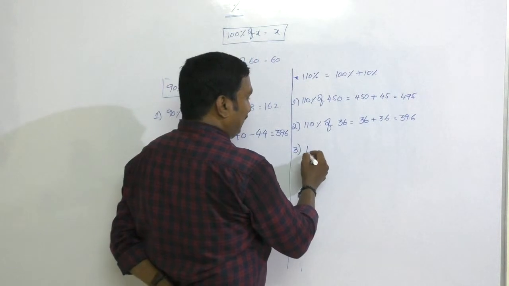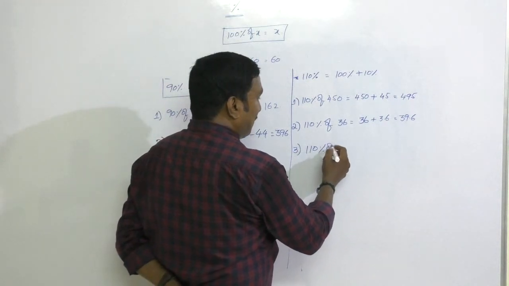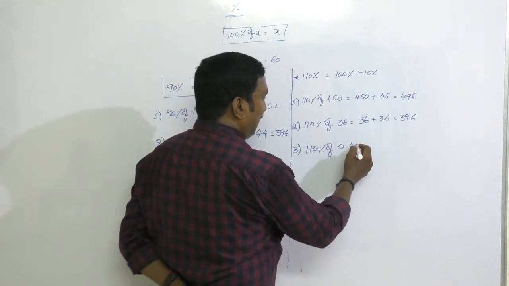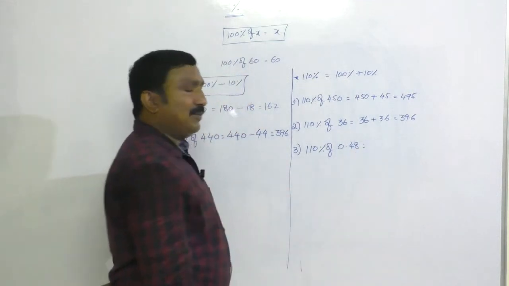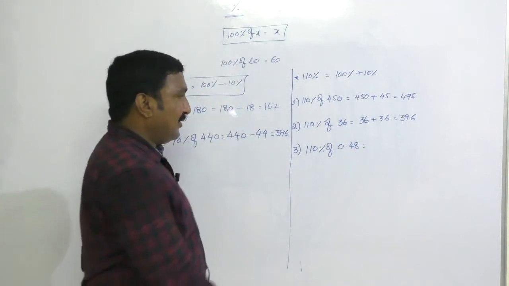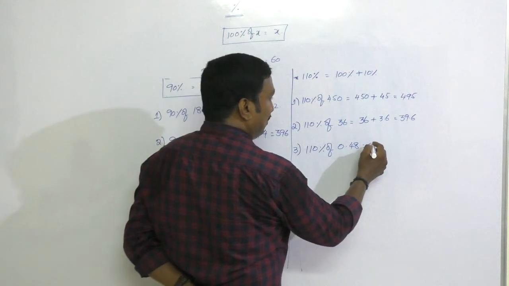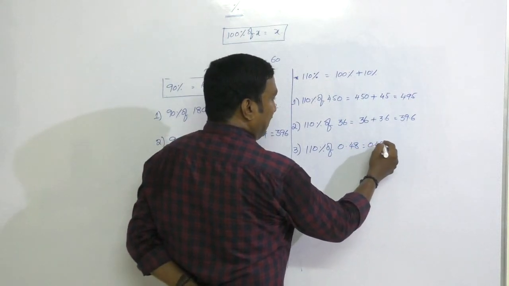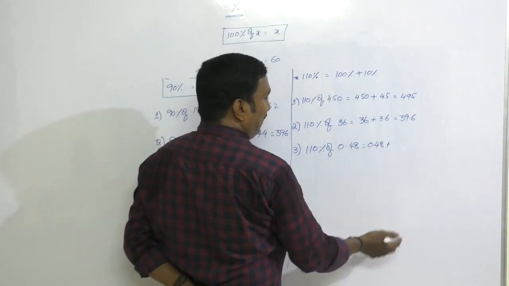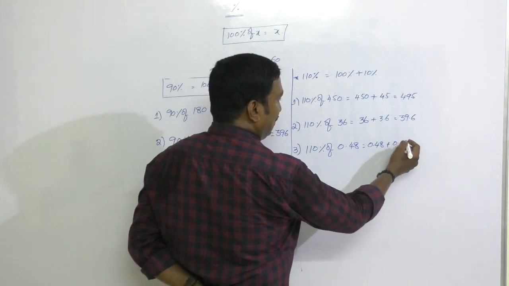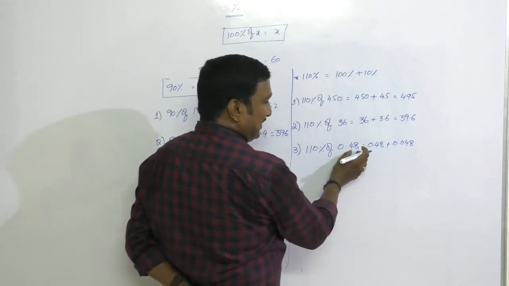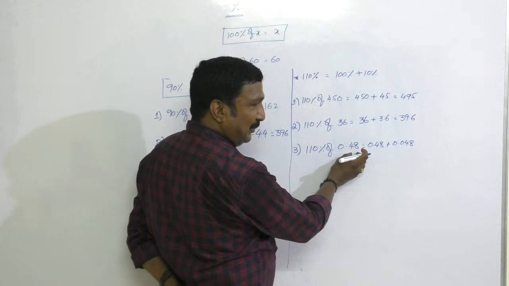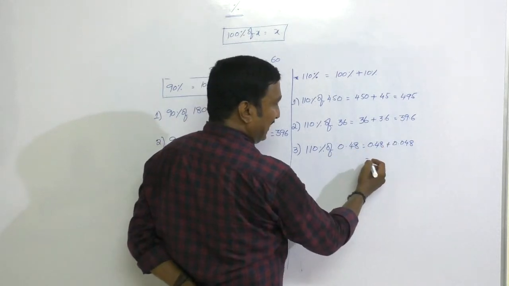One more example, 110% of 0.48. First 100% is nothing but 0.48 plus 10% of 0.48, which is 0.048, because two decimal places are there. When you are calculating the 10%, one more decimal place will be increased.